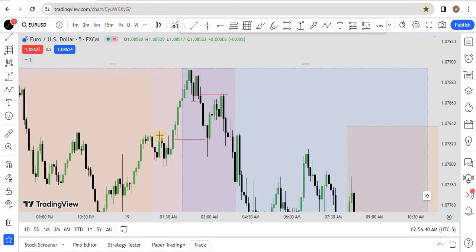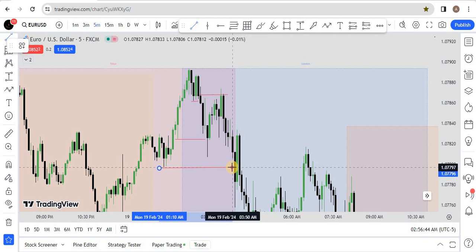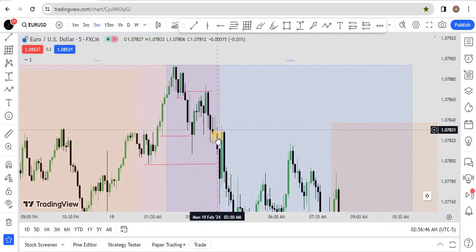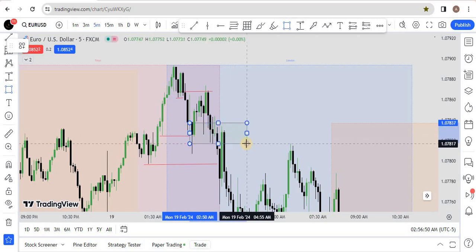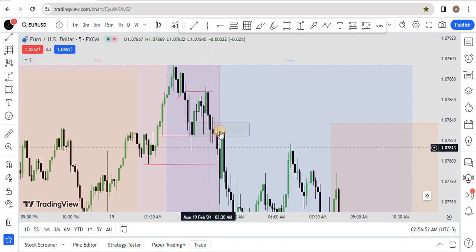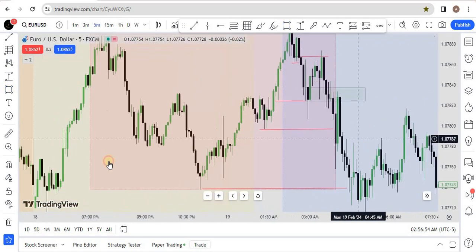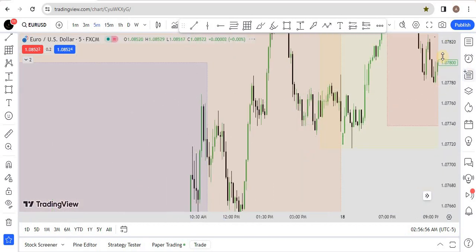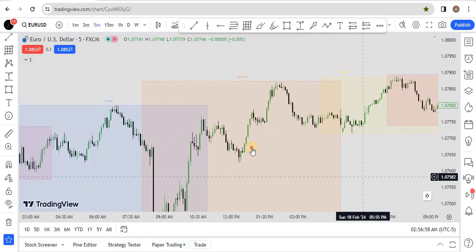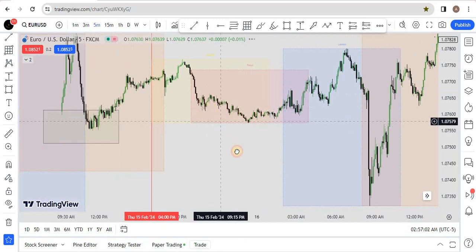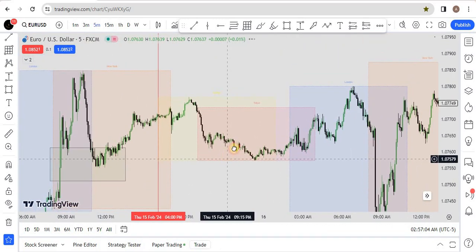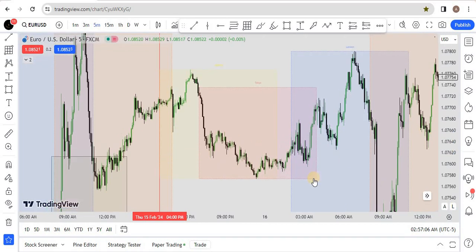If an SMC trader took this one also back, we have this mitigation block, and that's all. First of all we will find a valid swing point.